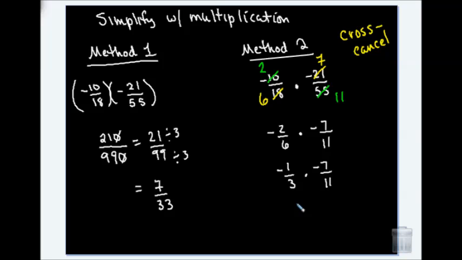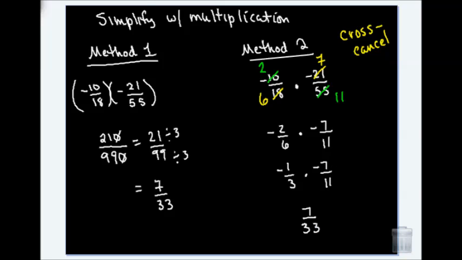Then I can multiply. When you do the cross-canceling, you're reducing smaller numbers. So sometimes it's not as cumbersome. But again, matter of preference, I get the same answer. So it's up to you.